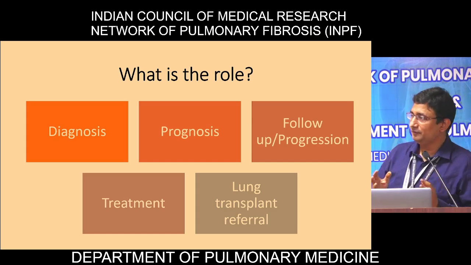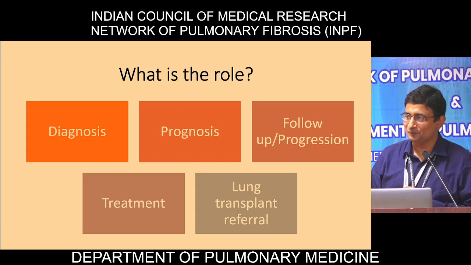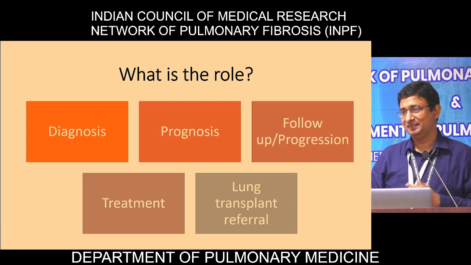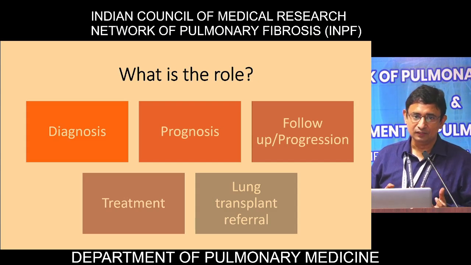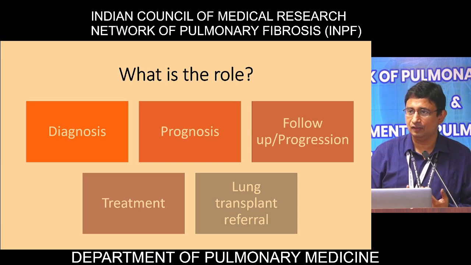One point on Vimi's talk: in our country, if we start referring everyone with a diagnosis of IPF from an FVC of less than 80%, then I don't think the transplant physicians in our country can handle it. So we have to have different strategies for our country, and a lot of cogs will come in the wheel to decide that.